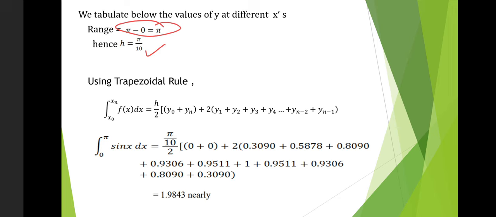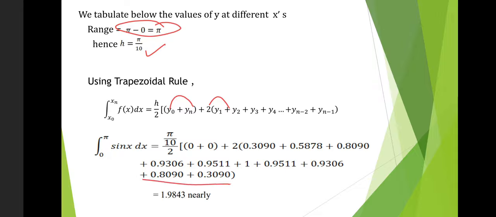Now we use the trapezoidal rule formula. In this formula, the first value and the last value are taken only once, and all the middle values are multiplied by 2. Next we substitute all the values of sin x from the table into the formula.